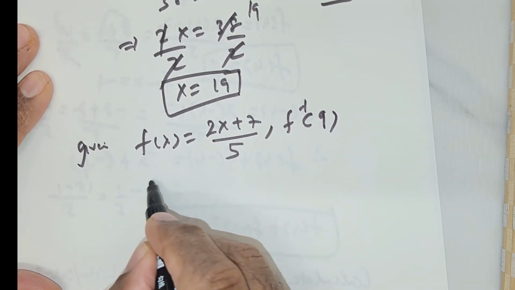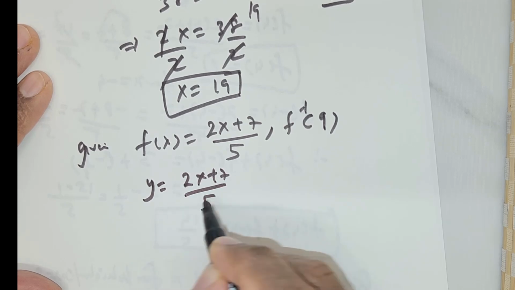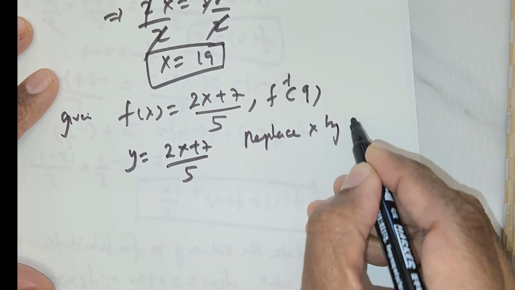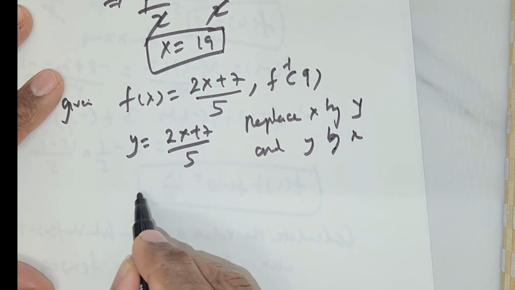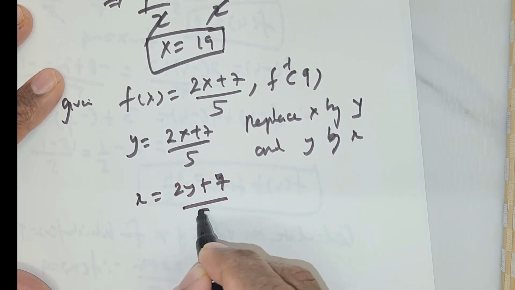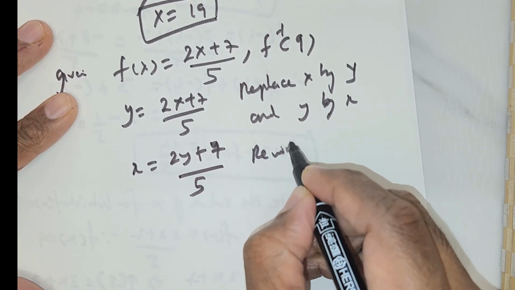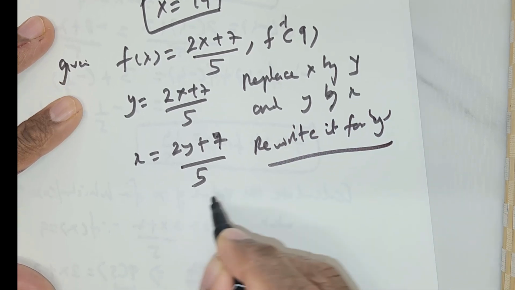Okay. Now let me take this as y is equal to (2x + 7) over 5. Now you replace x by y and y by x. So this is going to be x is equal to (2y + 7) divided by 5, and then you rewrite it for y.